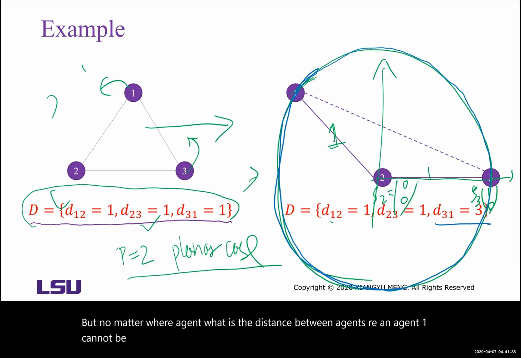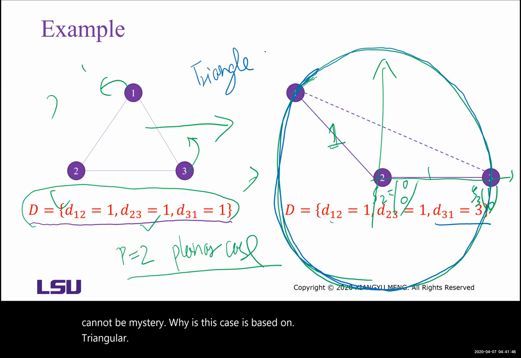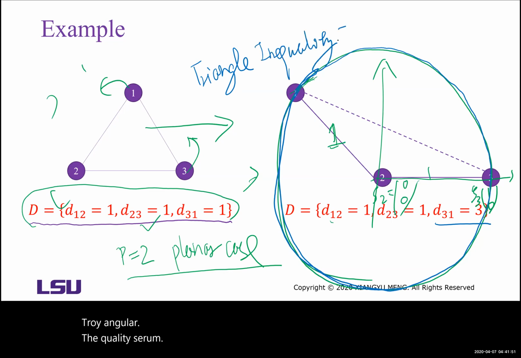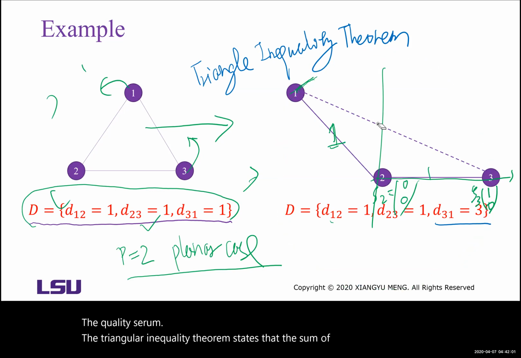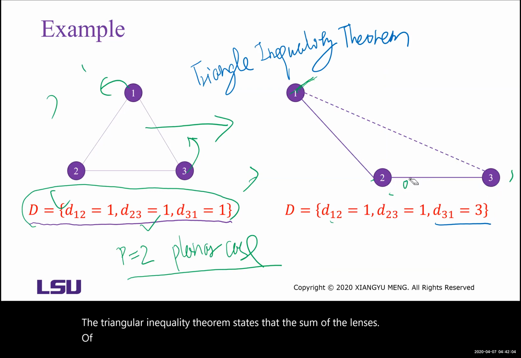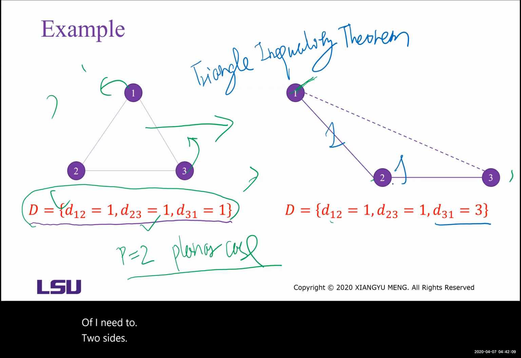Why is this the case? It is based on the triangular inequality theorem. The triangular inequality theorem states that the sum of the lengths of any two sets must be greater than or equal to the length of the remaining set.